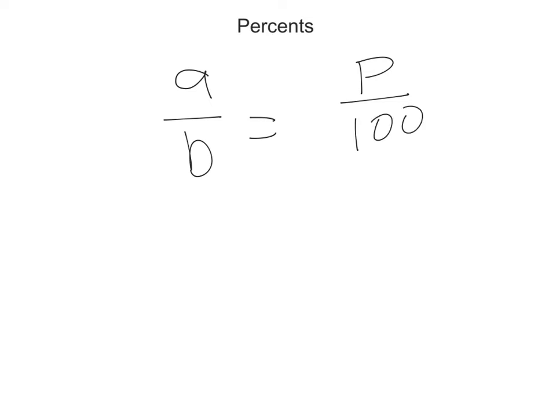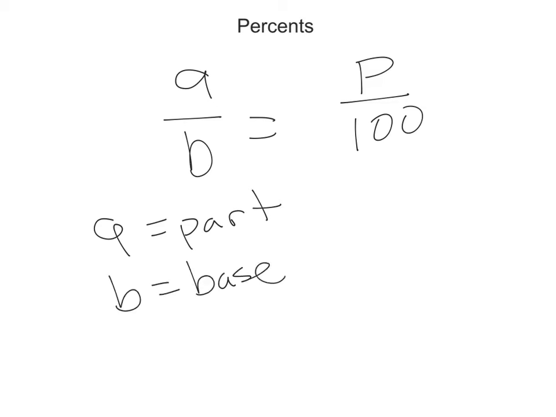A/B equals P over 100, where A is some part of a thing, B is the base, or the whole number of things, and P is the percent. Using this proportion, we can solve for any part of things, any base, or any percentage based on filling in the other three unknowns. So let's look at this in practice.